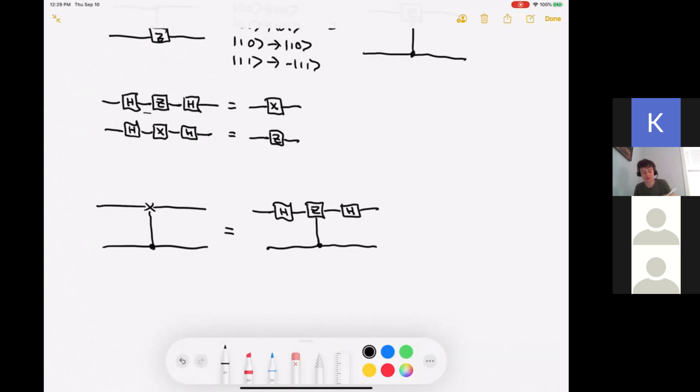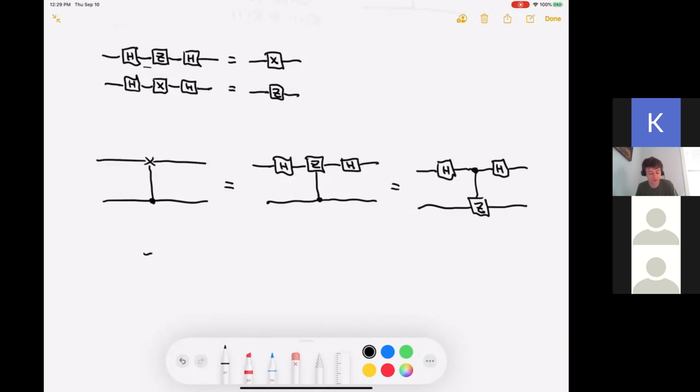Okay, but now I can use this equality we had before, where it doesn't matter which qubit is control and which is Z, to make it so that I call it a controlled Z, where the control qubit is now the top one.